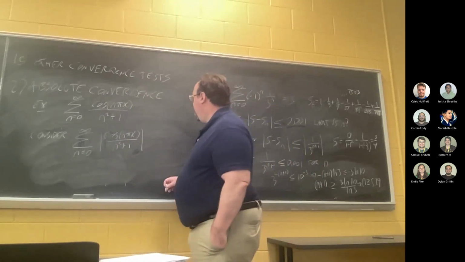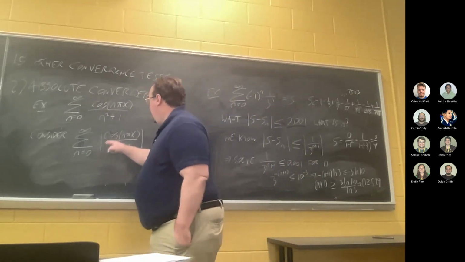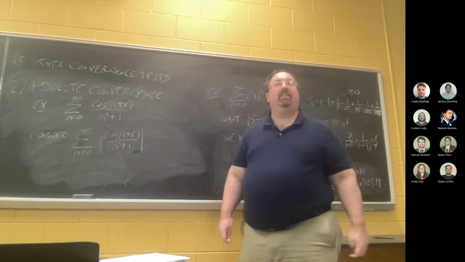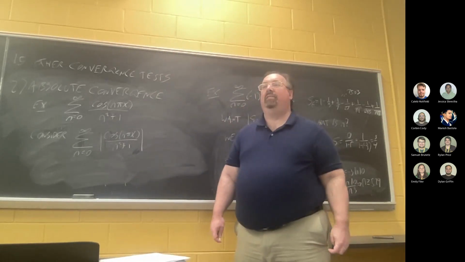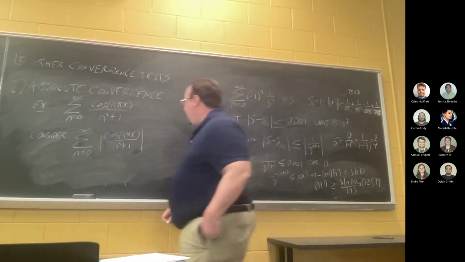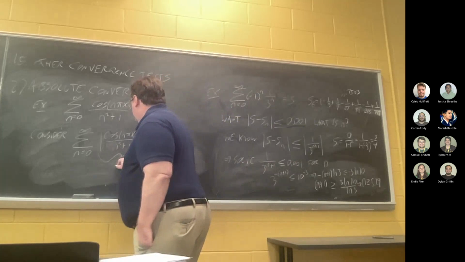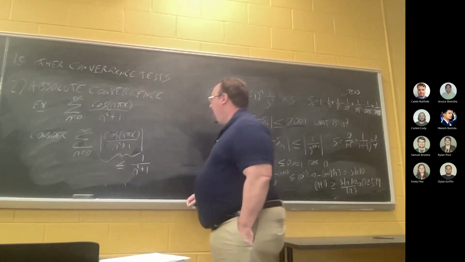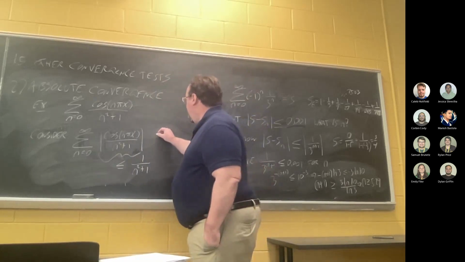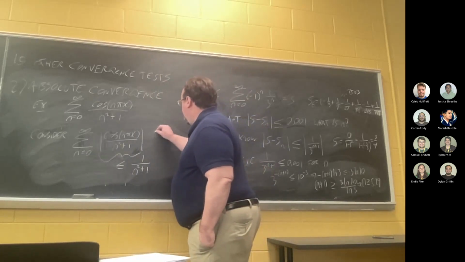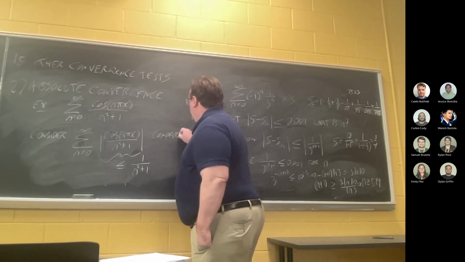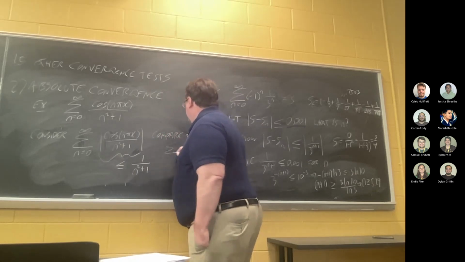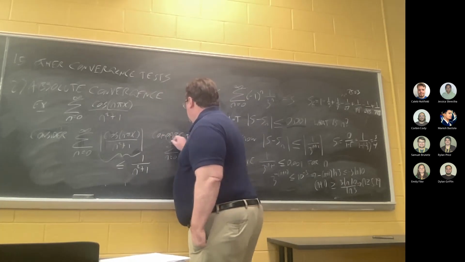Now, what do I know about cosine and how big it can get? Yeah, between -1 and 1. So this is less than or equal to 1 over n squared plus 1. So I can compare to this series, the sum of 1 over n squared plus 1.